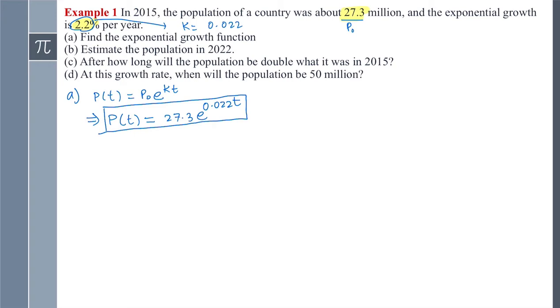Let's look at part B of that question. It says to estimate the population in 2022. This function considers the population in 2015 as the initial population, so 2022 is after 7 years. So we are going to find P of 7 equals 27.3 e to the 0.022 times 7.